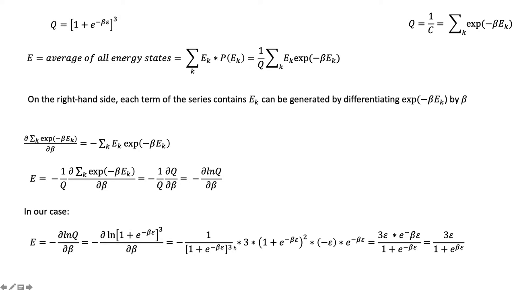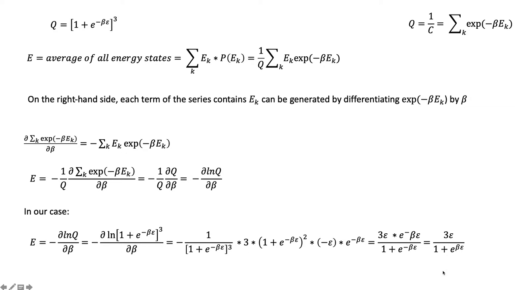You bring this to the top and differentiate separately: it's 3 times this term to the power of 2, and then you differentiate the e to negative beta term, giving negative epsilon times e to the power of negative beta epsilon.